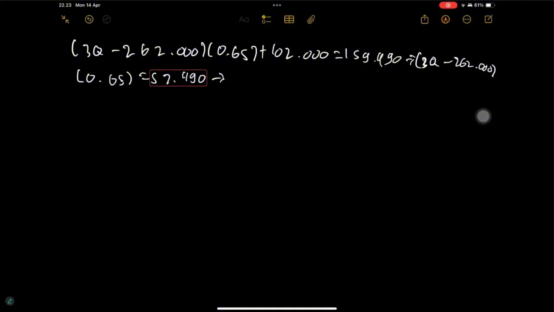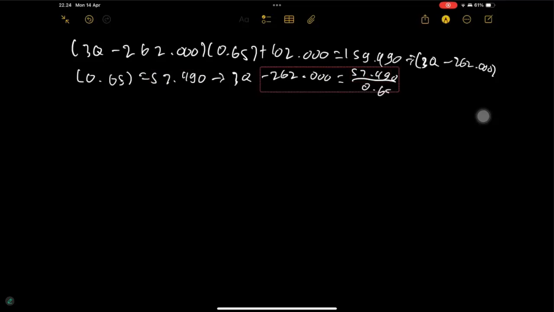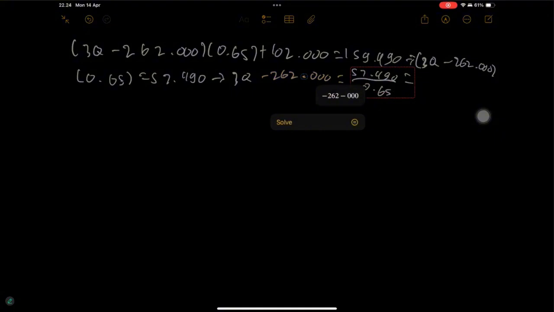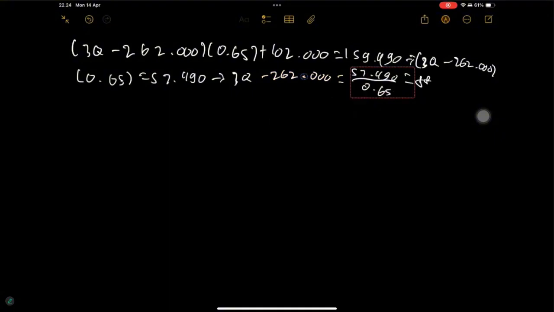Proceed to 3Q minus 262,000 equals 57,490 divided by 0.65 equals 88,446.